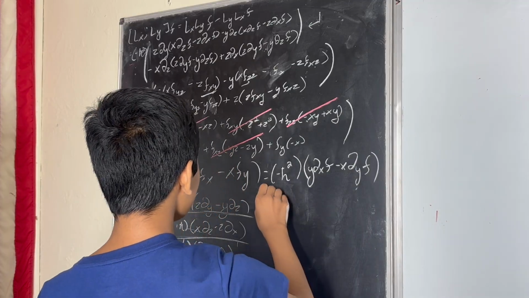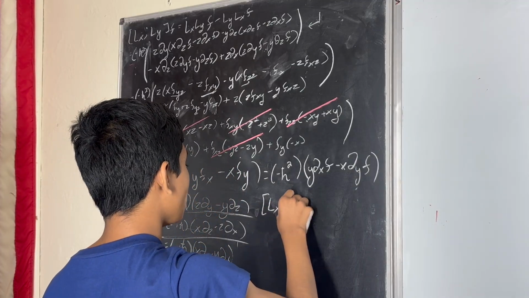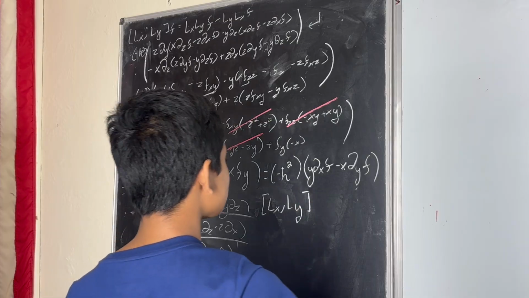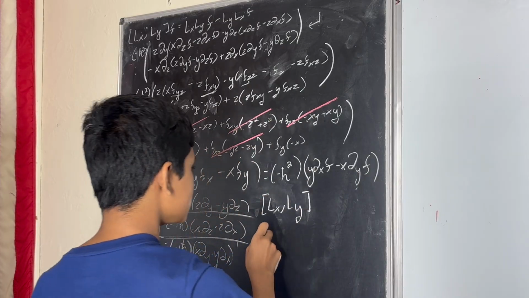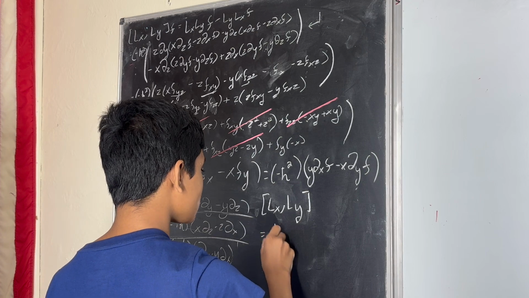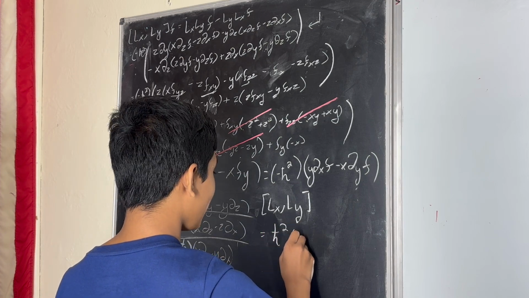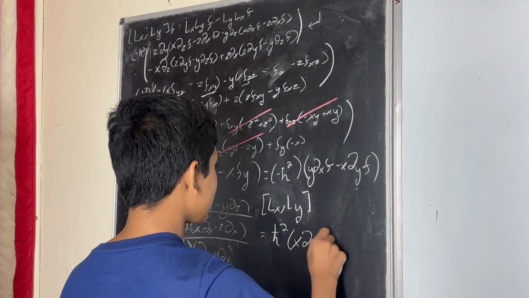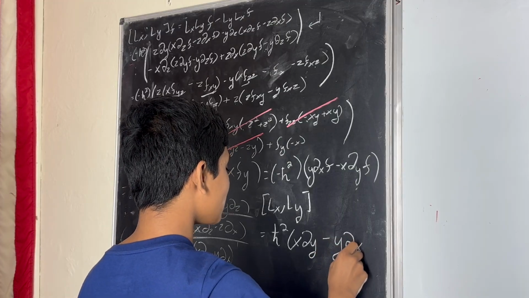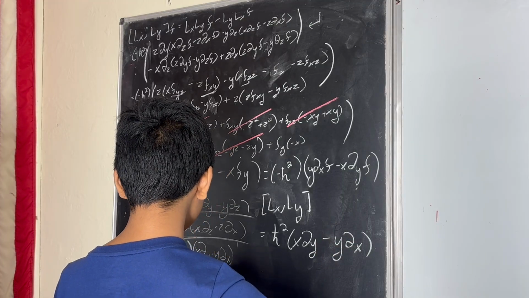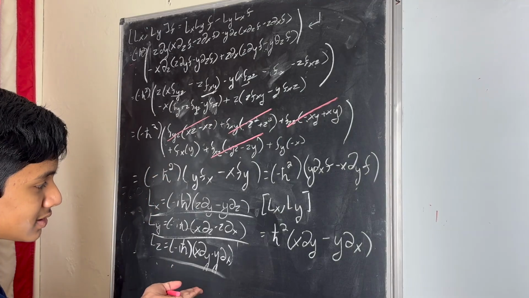And so, in the end, Lx, Ly. Remember we were multiplying by a test function, so if we remove the test function, it's just h bar squared multiplied by x partial y minus y partial x. Wait a minute, that looks eerily similar to what Lz looks like.